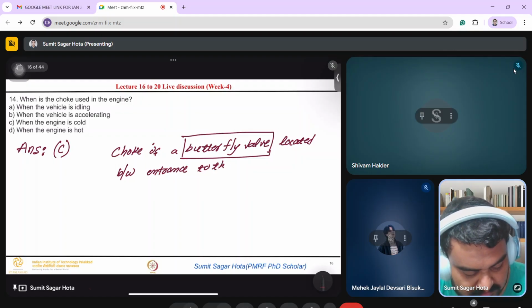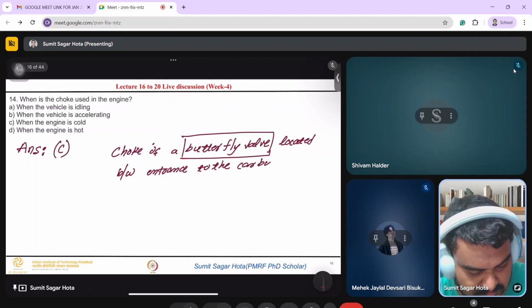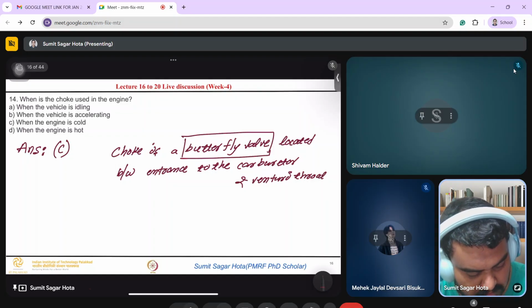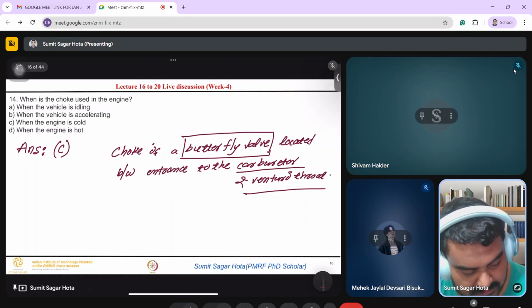And this should be applicable for any of the cars or any of the vehicles. This is important.